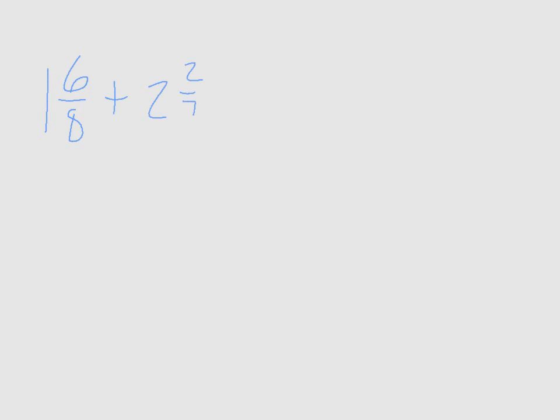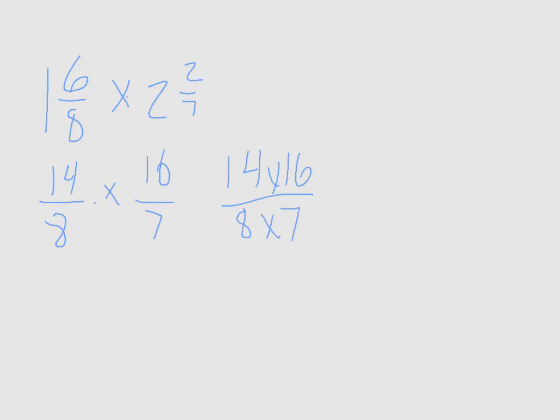Well, I find my improper fraction by multiplying my denominator by my whole number, and I get 8 plus 6 is 14 eighths, and 2 times 7 is 14, plus 2 is 16 sevenths. Oop, and that's not plus, sorry. It should be multiply. So then that turns into 14 times 16 over 8 times 7.